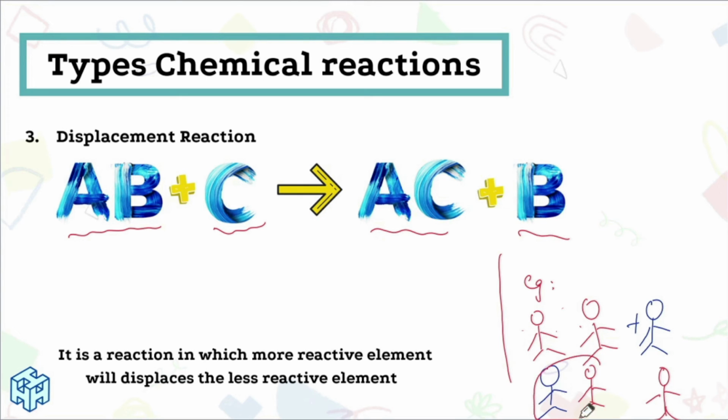Right? These two will become a group and I will become alone. Are you able to see this? In the same way, chemical displacement takes place. The notorious guy comes and replaces the decent boy.